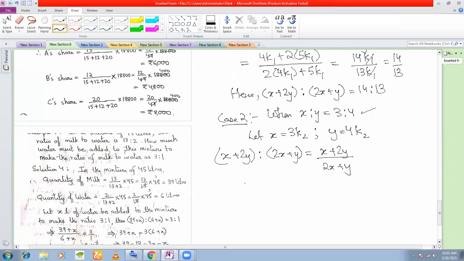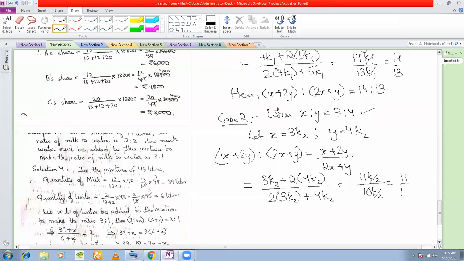Now put the value here. So you get 11k2 by 10k2. These two cancel.